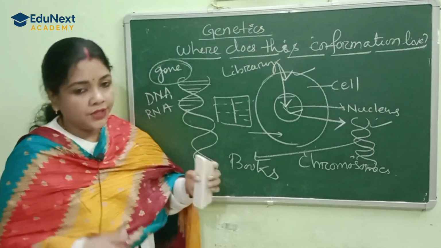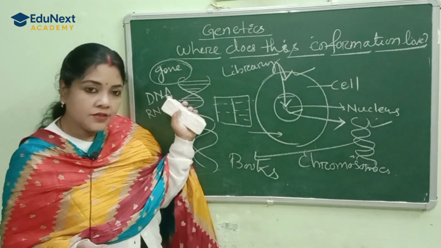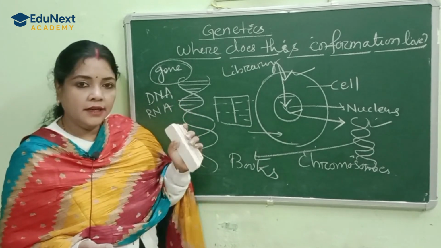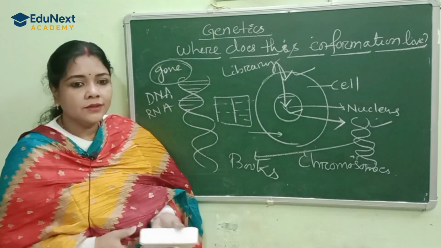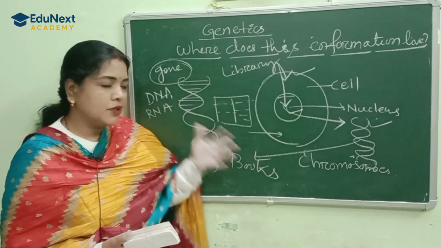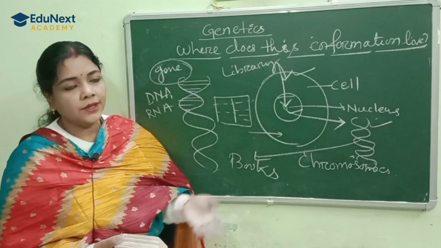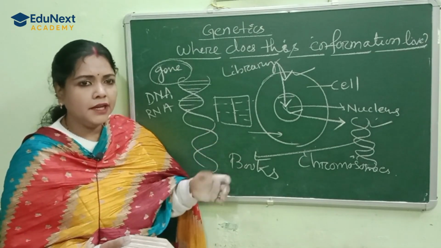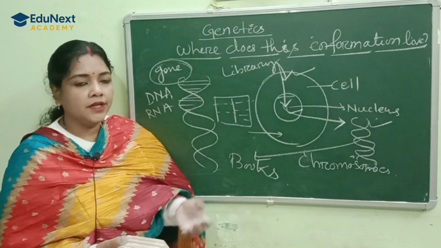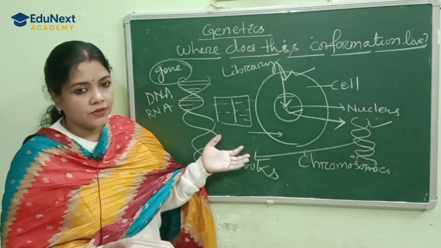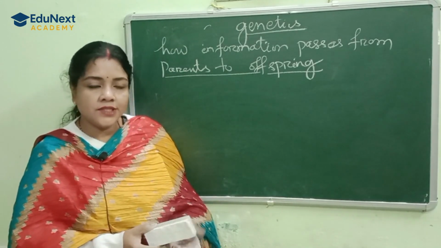So the information lives in the gene, the gene in the DNA, the DNA in the chromosome, and the chromosome in the nucleus. Every human cell carries this information, whether it is your hair cell, your skin, or any organ inside your body, you will find these chromosomes. Now you know where the information stays.